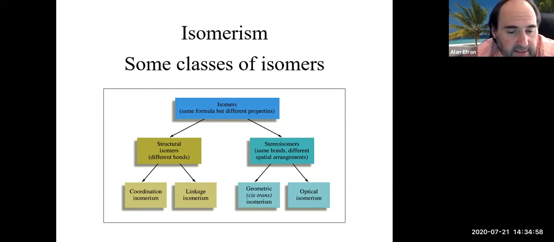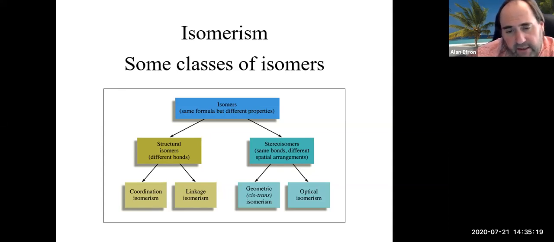There are a couple of different types of isomers that we're going to talk about, which are on this little flow chart here. There are structural isomers, which have different bonds. Underneath that classification, there are coordination isomers and also linkage isomers, and we're going to see some examples of that in just a second.